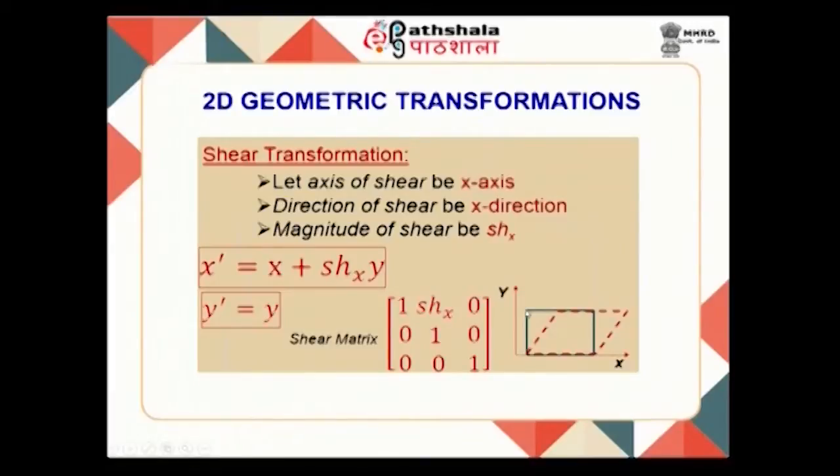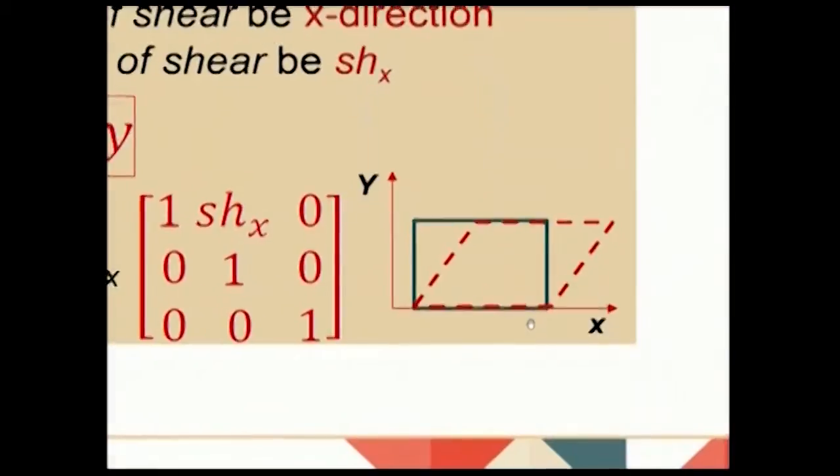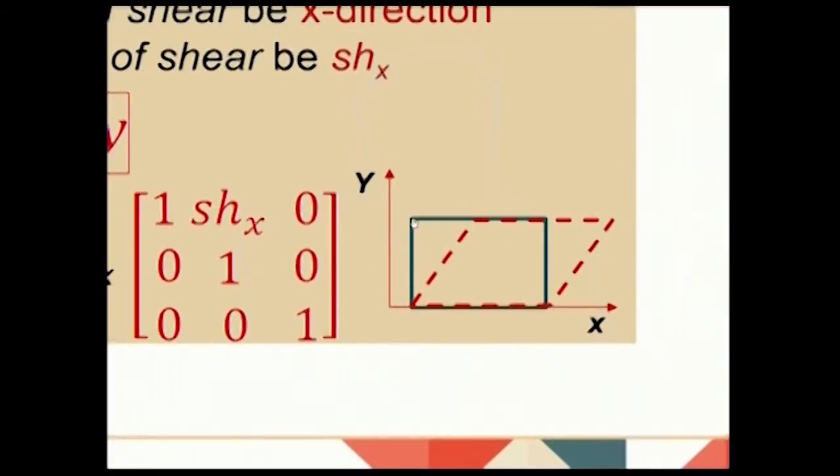So, how do we understand this? The higher the y value of a particular coordinate, the larger is the shear effect, the larger is the transformation along the x direction. You see this vertex on top has moved to this position. The shear effect is more on the top vertex, it has moved much.